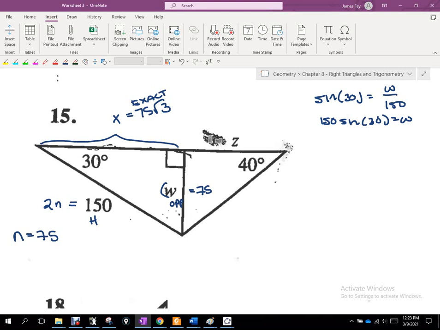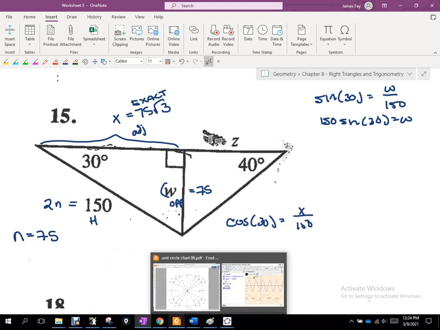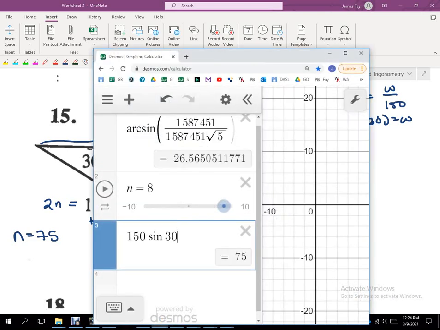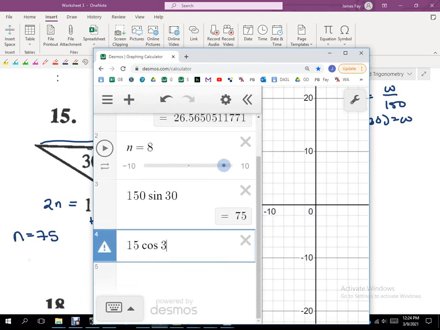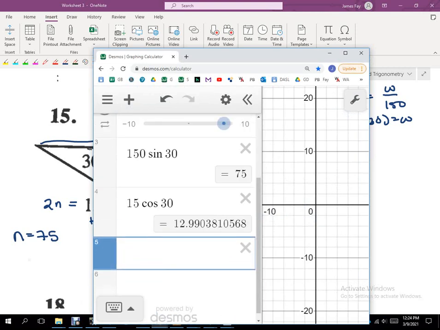But if I use Sohcahtoa here, let's say, that would be the adjacent side, and this would be the hypotenuse. So let's say I go cosine of 30 is equal to adjacent, x, over hypotenuse 150. So if I go 150 cosine of 30, it gives me that number right there.